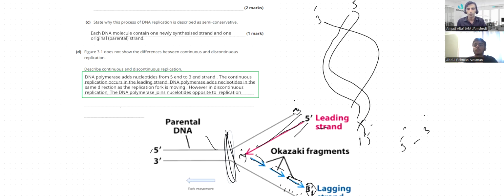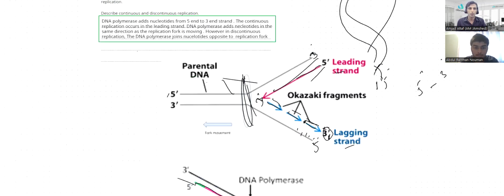Opposite to the replication fork. DNA polymerase adds nucleotides, not joins. Joining is just after the fragments formation. DNA polymerase adds nucleotides opposite to the replication fork.